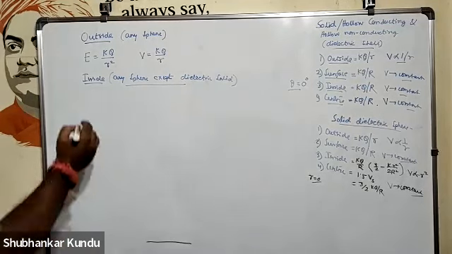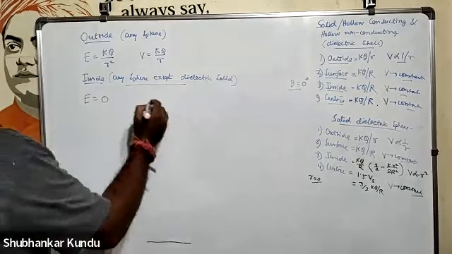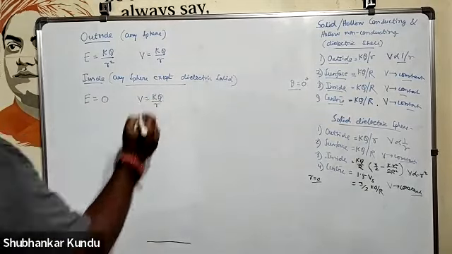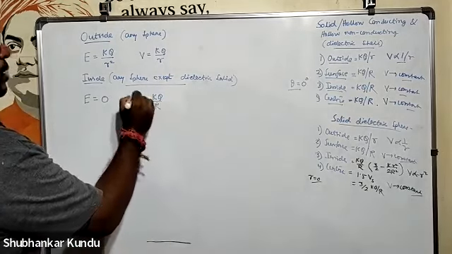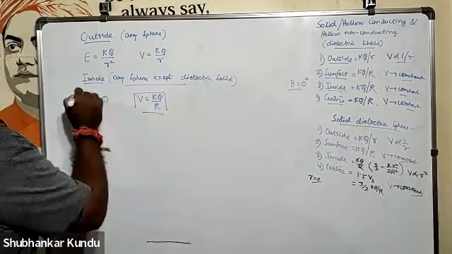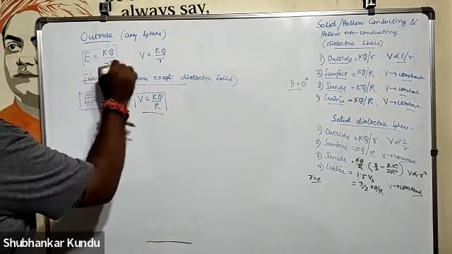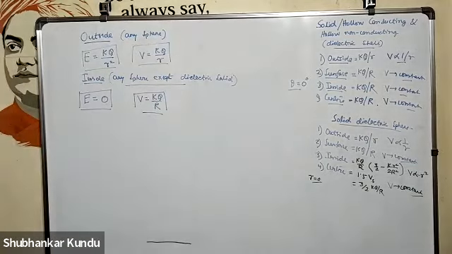Inside anywhere, electric field is always 0. And potential is always KQ upon R, sorry, KQ upon capital R. Right? Outside and inside.